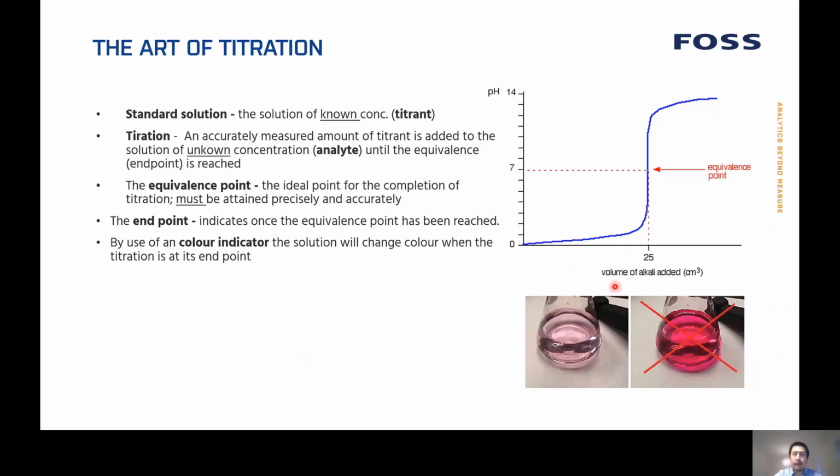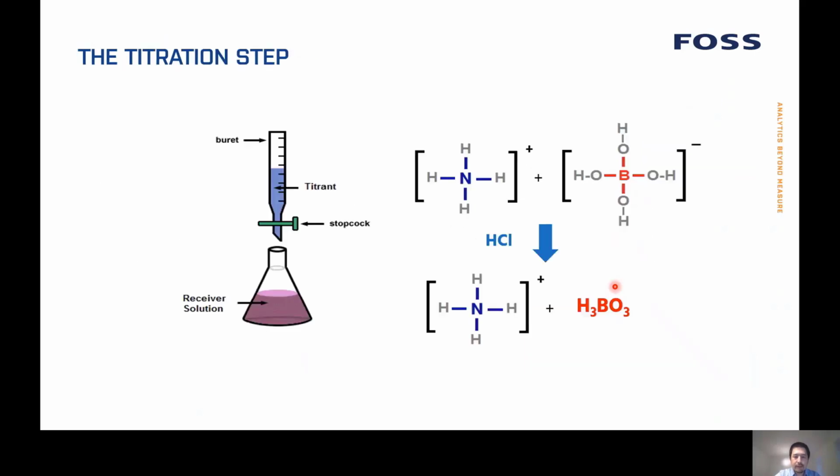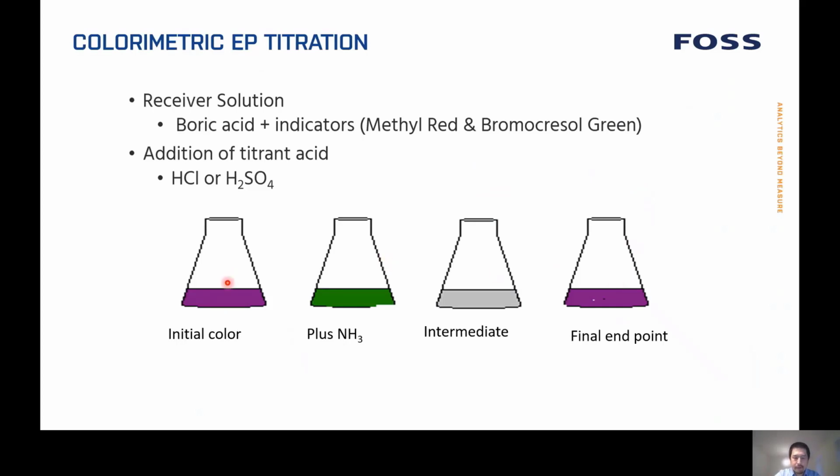But for our system, for the endpoint determination of the ammonia, the equivalence pH value is about 4.3. At this point there's a very significant color change, because in the system we use methyl red and bromocresol green as a mixed indicator, and the color changes from green to red.